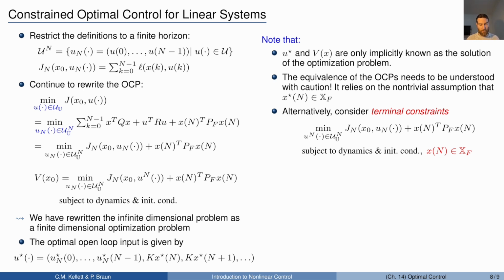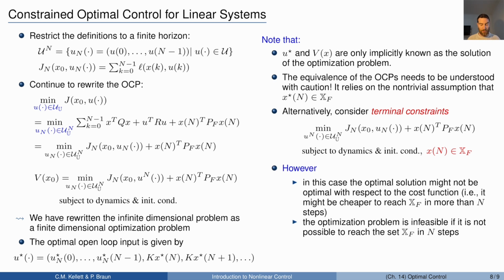Alternatively, one could consider terminal constraints and enforce this condition by considering also the constraint that x_N needs to be in X_f. However, also in this case it is problematic, because we might actually not be able to reach X_f in N steps.